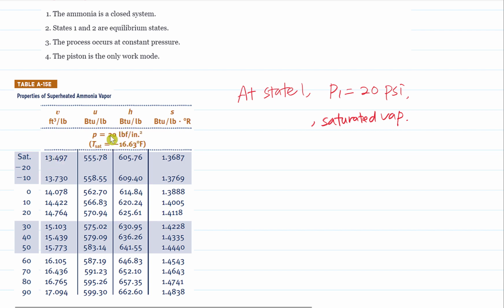At 20 psi, the saturation temperature is negative 16.63 degrees Fahrenheit. So T1 is negative 16.63 Fahrenheit. Specific volume is 13.497 cubic feet per pound.